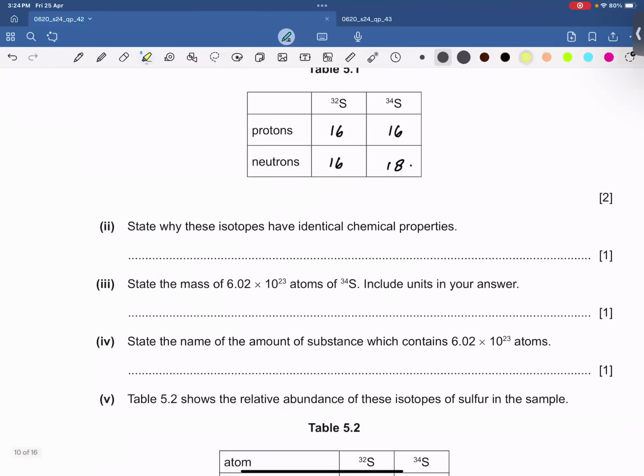Suggest why these isotopes have identical chemical properties. By the way, identical chemical properties of isotopes depend on the number of electrons, as the number of electrons is the same in both the isotopes, which is why they have the same chemical properties.